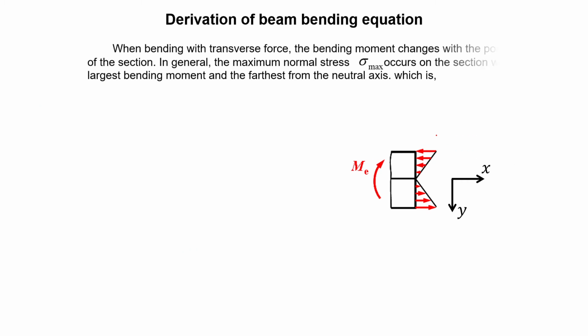So when bending with a transverse force, the bending moment changes with the position of the section. In general, the maximum normal stress sigma max occurs on the section with the largest bending moment and farthest from the neutral axis. Okay, so now we have the bending stress equations. The question is, where is the maximum stress?